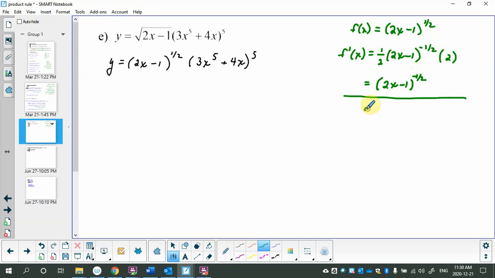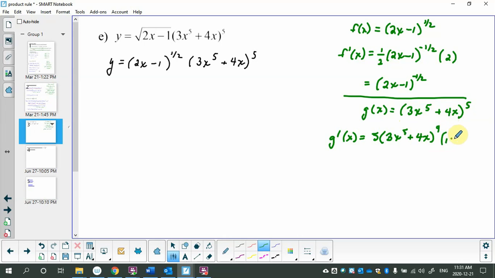Second half. G of x is going to be a pain in the butt, even worse than a fraction. So it's (3x to the 5 plus 4x) all to the 5. And my g prime of x, the derivative of that, is drop the 5, keep writing, make it 1 less, so that means the exponent is now 4, and then in a bracket behind, the derivative of this.